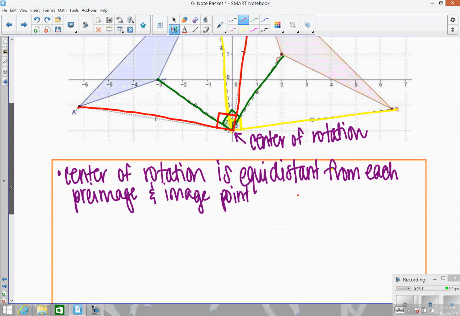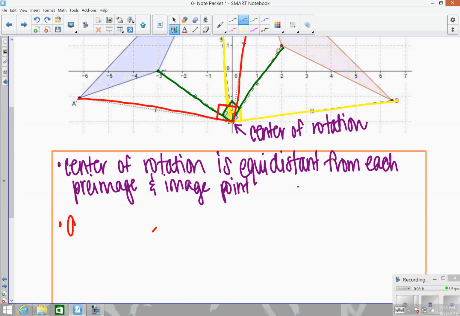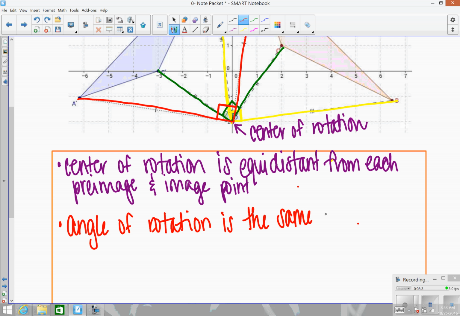So the angle of rotation is the same angle measure for each point.